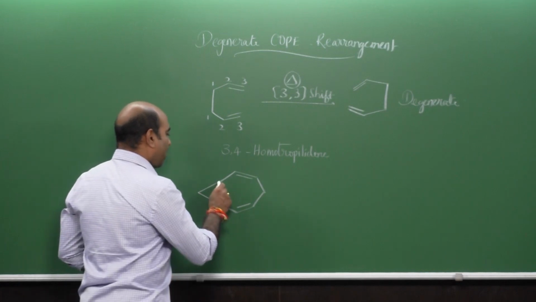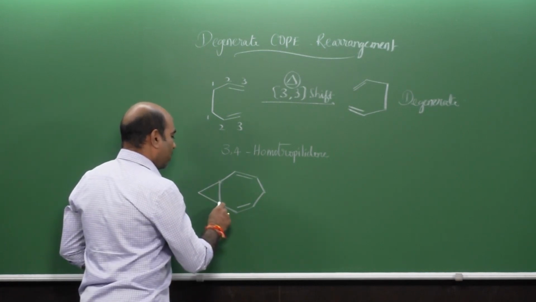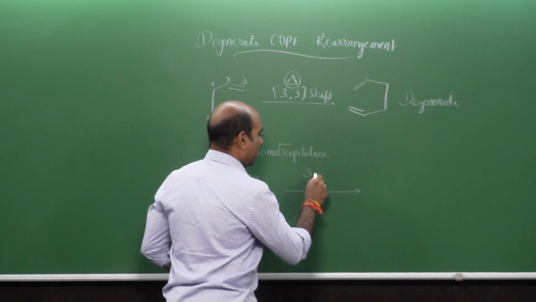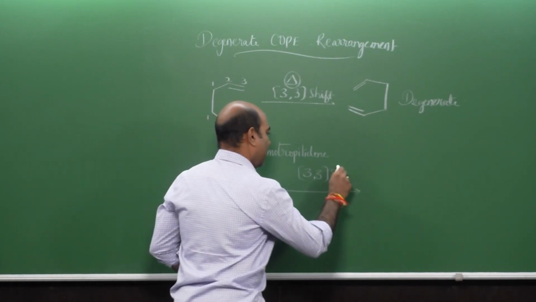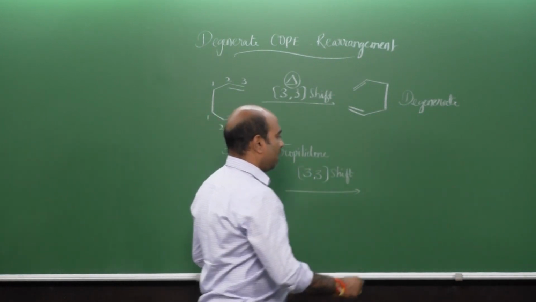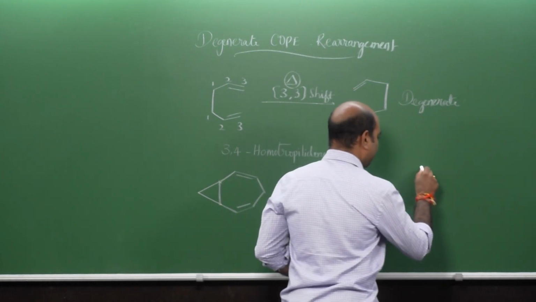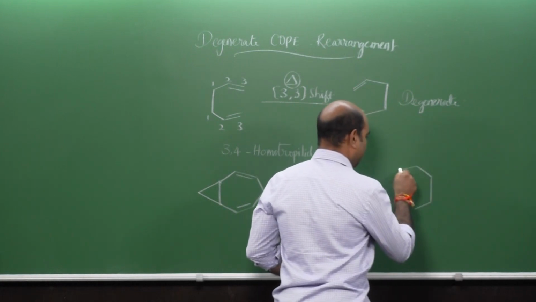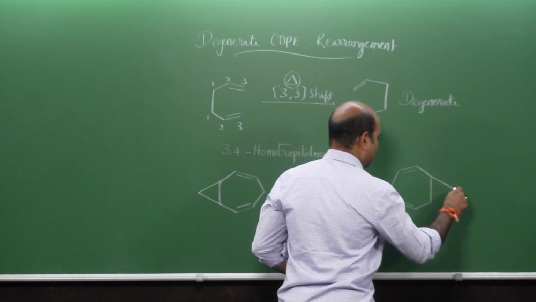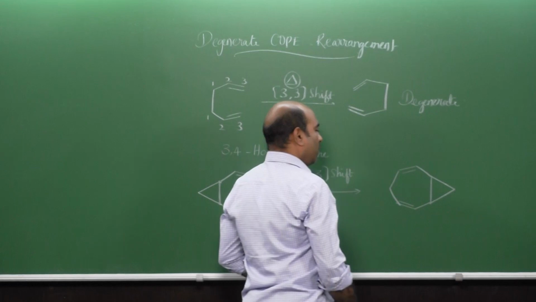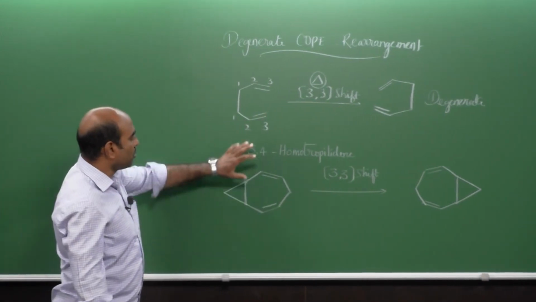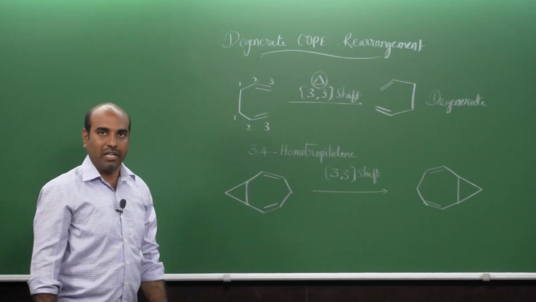In its cis form, it undergoes the 3,3 rearrangement very rapidly, and then gives this product. So this is the product and this is the reactant molecule, shown by the 3,4-homotropylidine system.